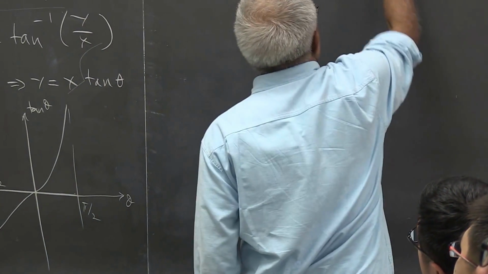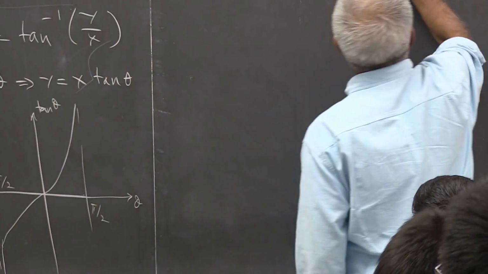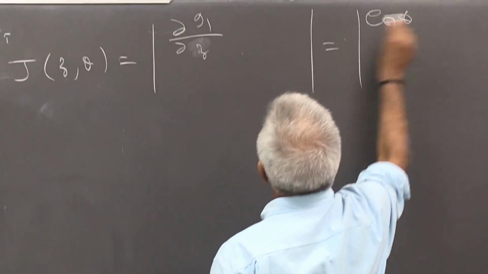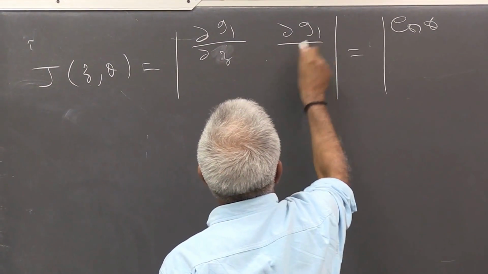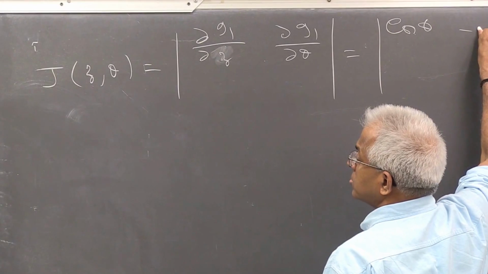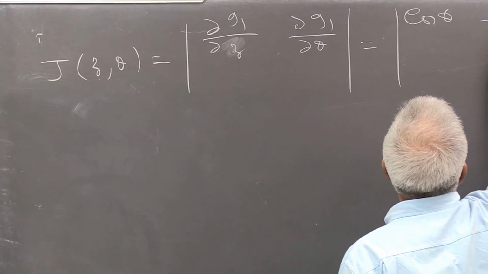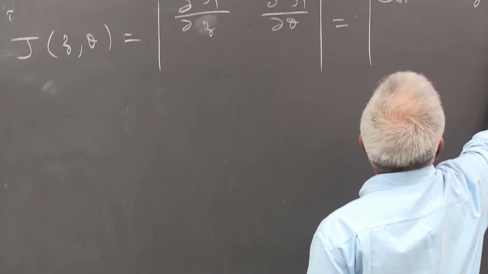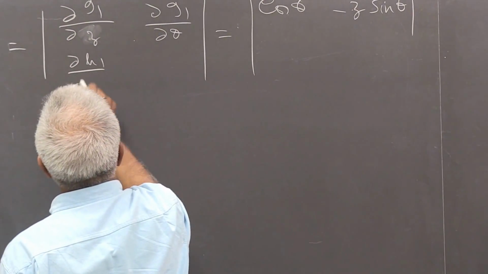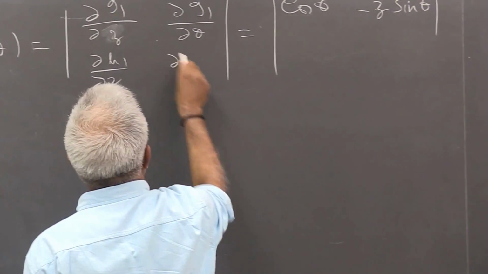Right, so that's going to be cos theta, right? Derivative of g1 with respect to theta, what do you get? g1 is z cos theta, so minus z sin theta.